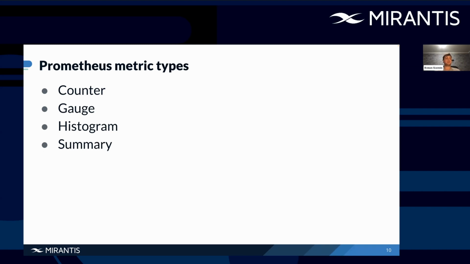The third one is the histogram. A histogram samples observations, usually things like request durations or response sizes, and counts them in configurable buckets. It also provides a sum of all observed values. And last but definitely not least is the summary.